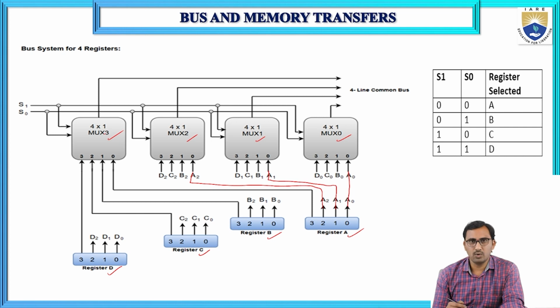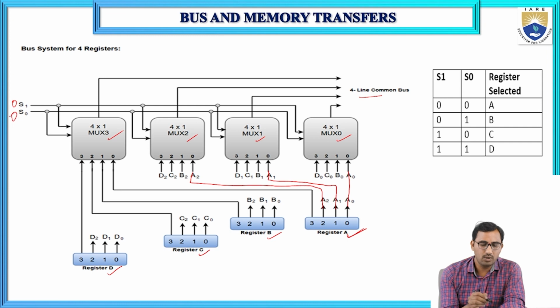In order to transfer the contents of register A to another device, I need to select the selection lines as 0, 0. When I choose the selection lines as 0, 0, the 0 inputs of all the multiplexers will be connected to the output.